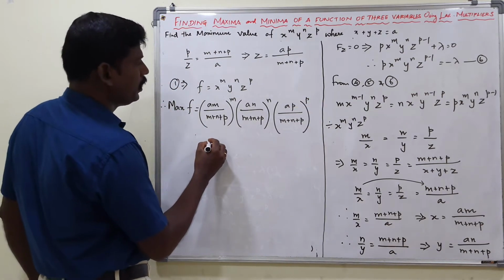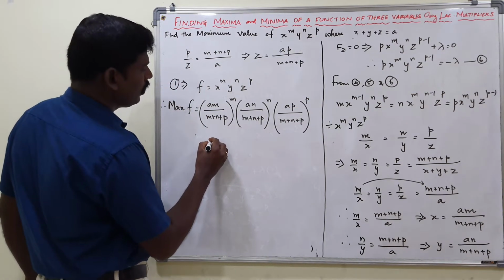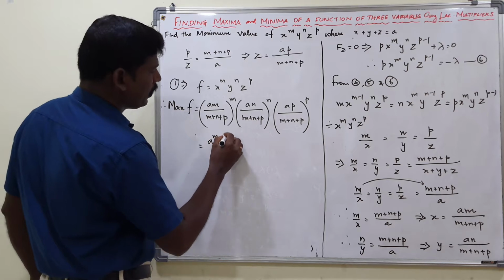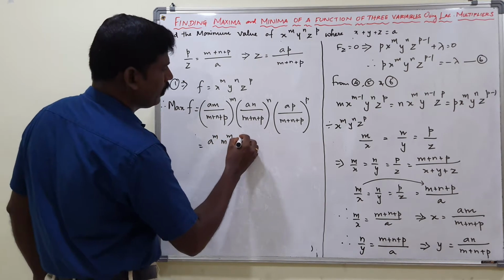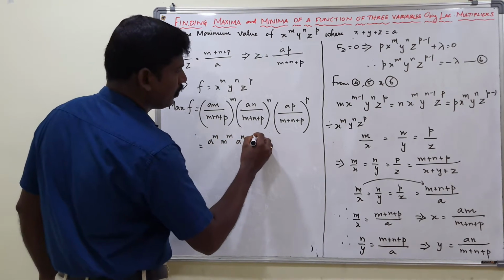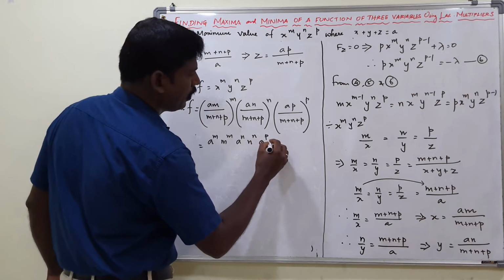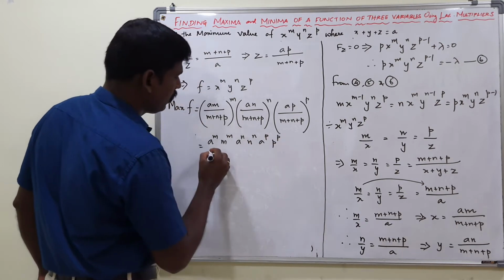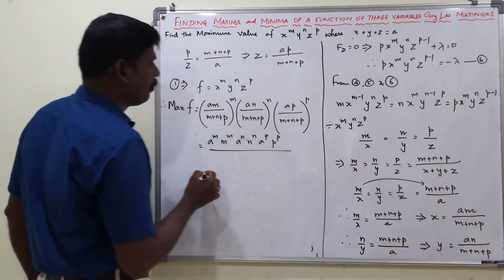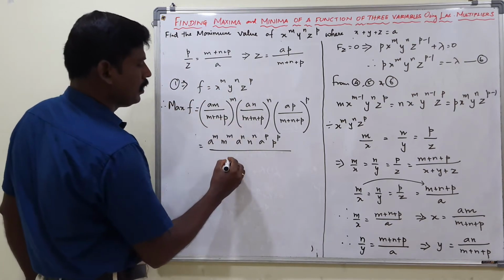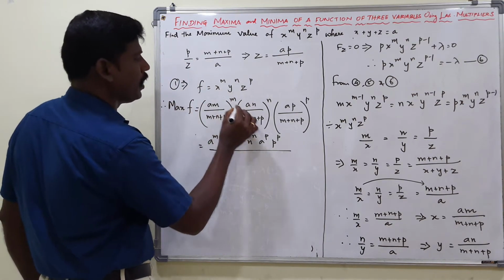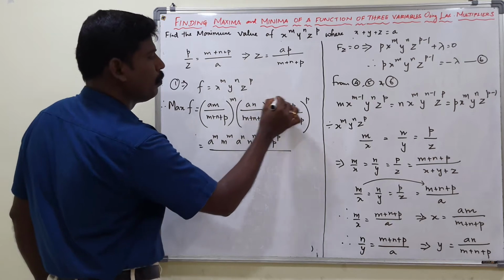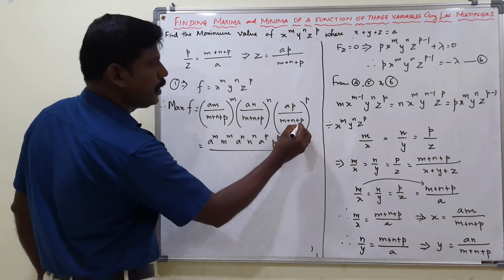This can be split into a power m power m, a power n power n, a power p power p, divided by (m plus n plus p) whole power m, (m plus n plus p) whole power n, (m plus n plus p) whole power p.